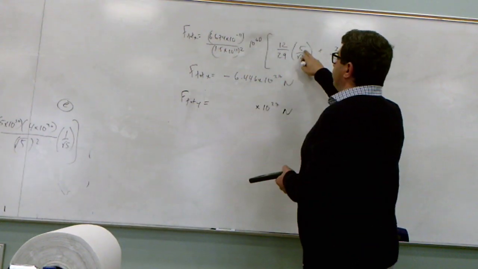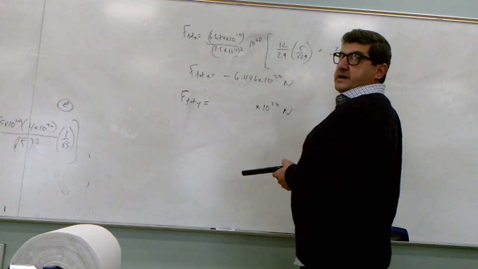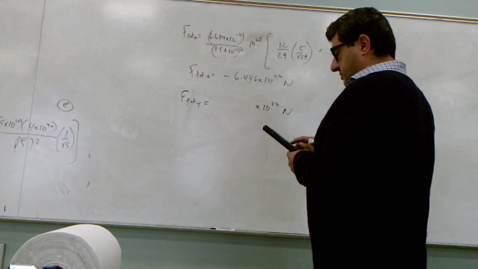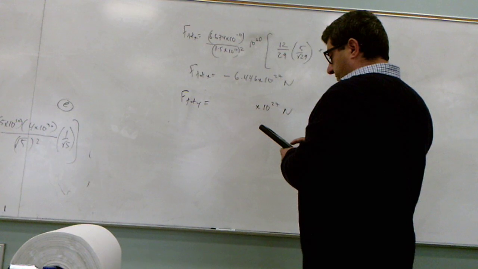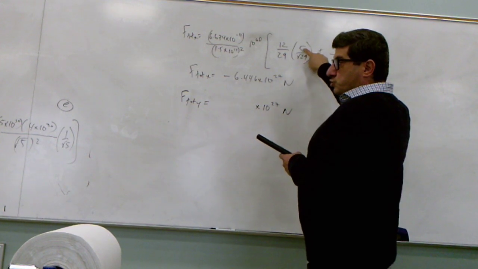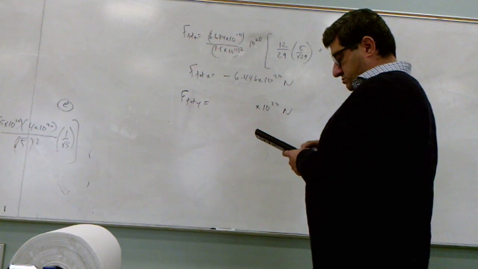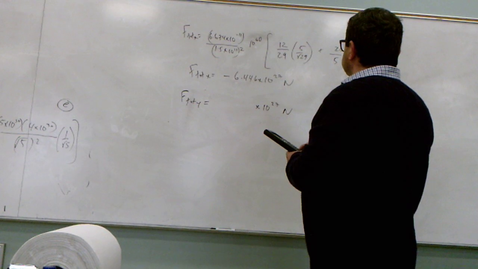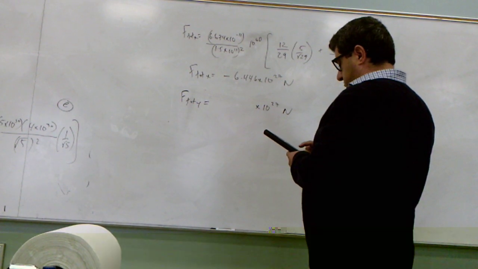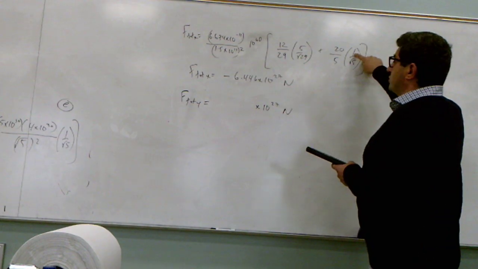Except you're going to have here 2 over root 29 and 2 over root 5, right? So the rest of it is going to be the same. So 12 divided by 29. Then I'm going to change that to 2. Then I'm going to change this one to 2 also.